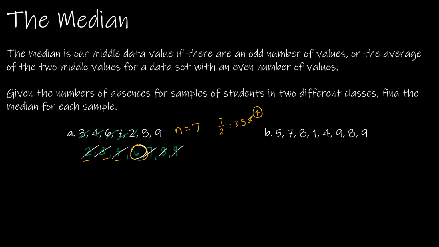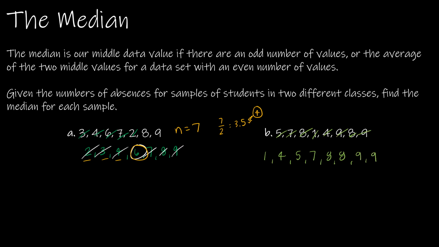Again, I can do the same thing for B. I can write them from least to greatest. So 1, 4, 5, 7, 8, 8, 9, 9.